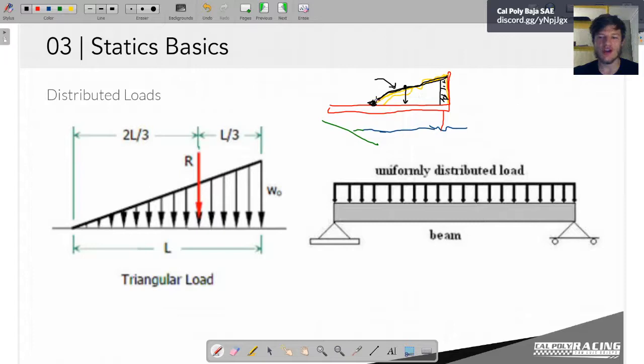So the area under this curve, or the integral for those of you that are more friendly with calculus, the integral of this area is the total force that the sand here, or whatever your distribution, is putting on the dock, or on whatever your thing is.